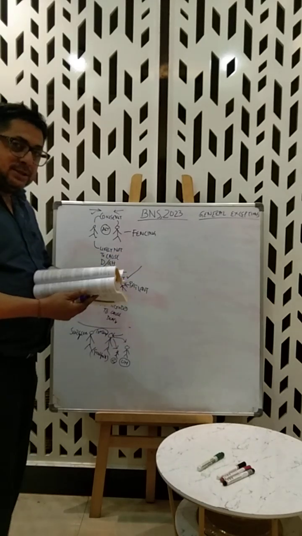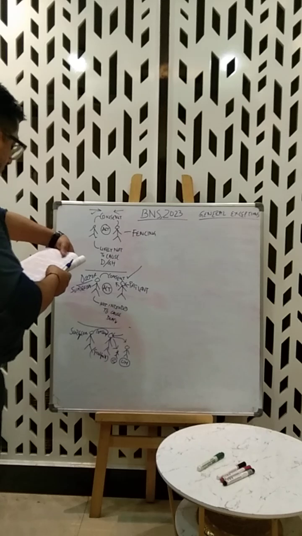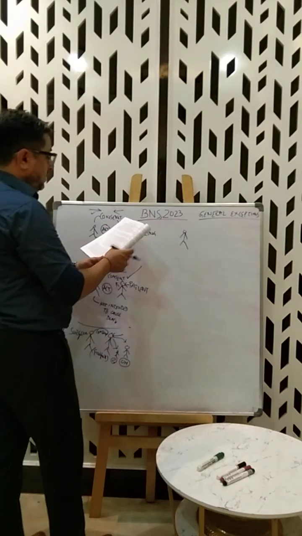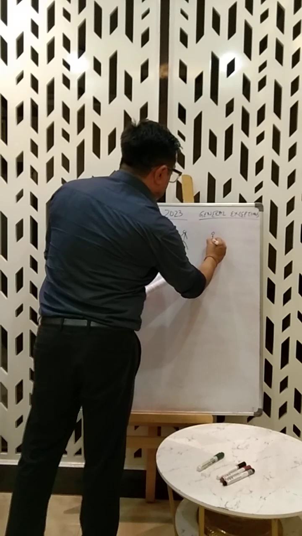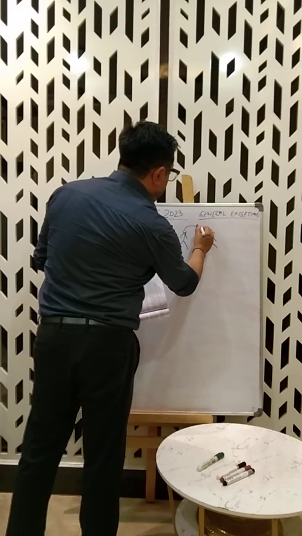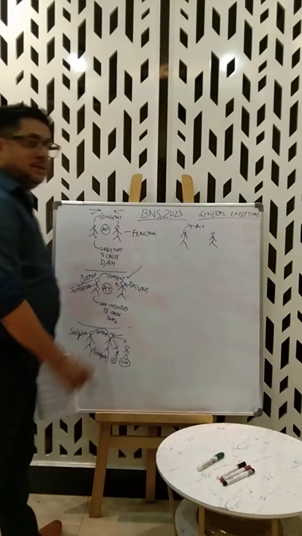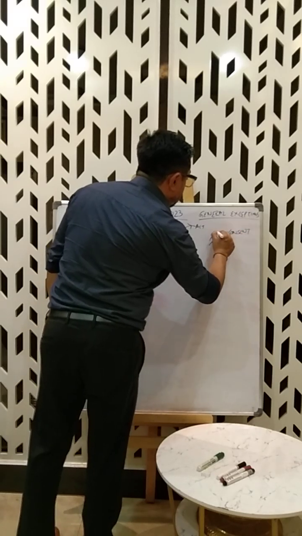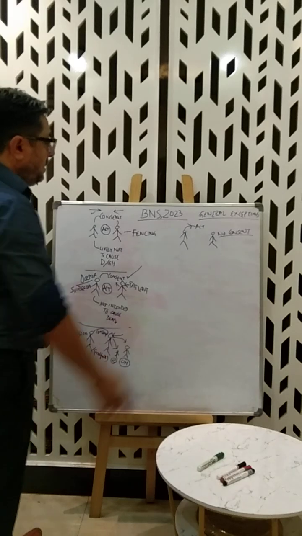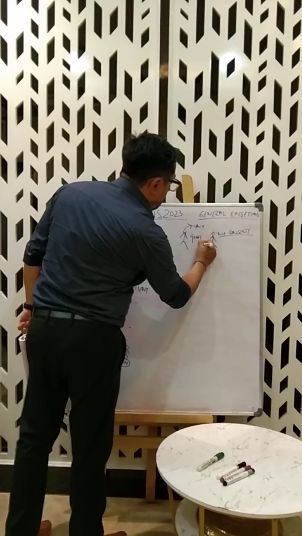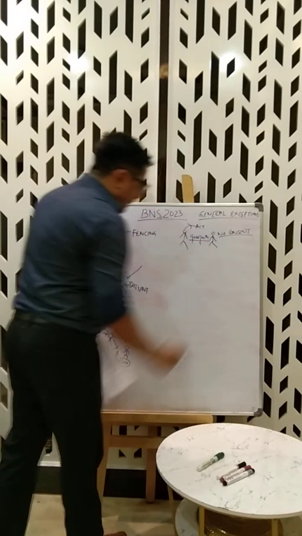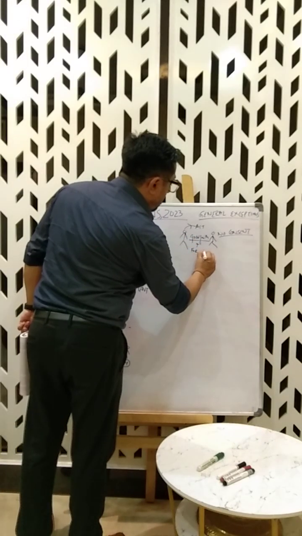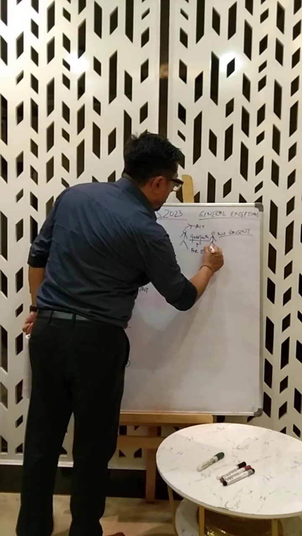But before that, let us deal with consent once more. Now if again an act is done by a person, he does the act, and there is no consent, but this act is done in good faith plus for the benefit of this person.